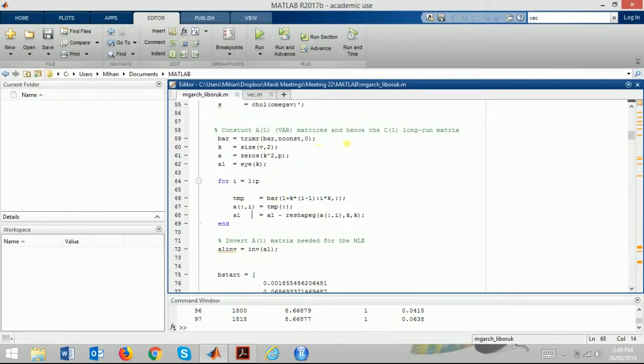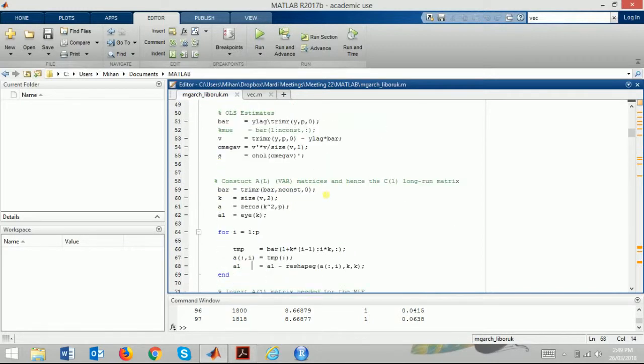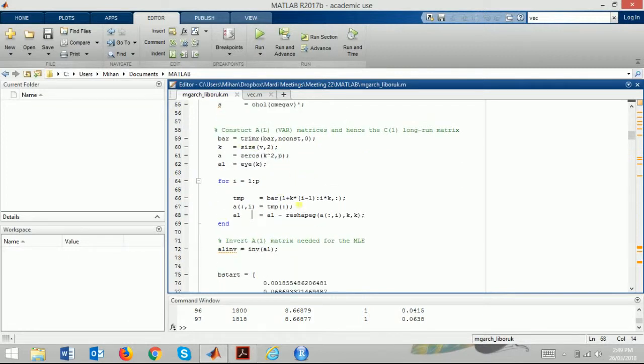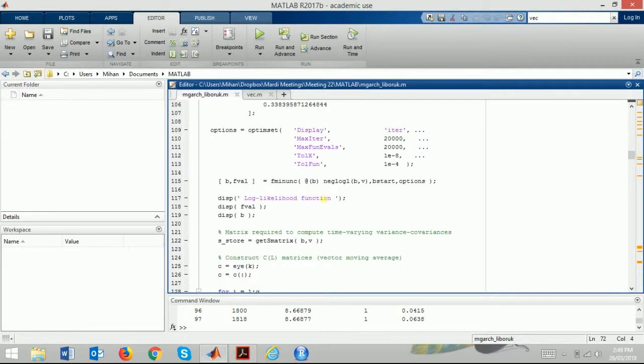So up until this is from the previous method: estimate p lags, estimate the VAR, construct the autoregressive model, A1 inverse. Then we optimize. After we optimize, we get B and V.